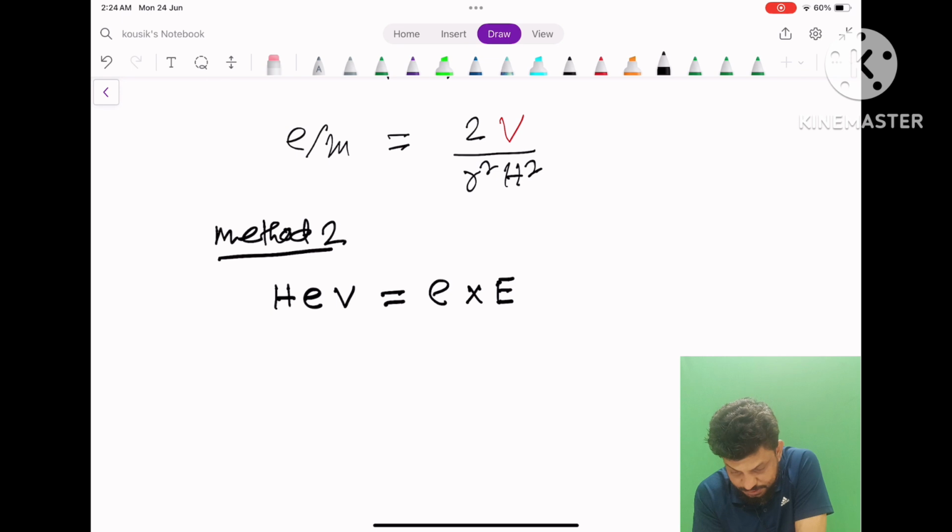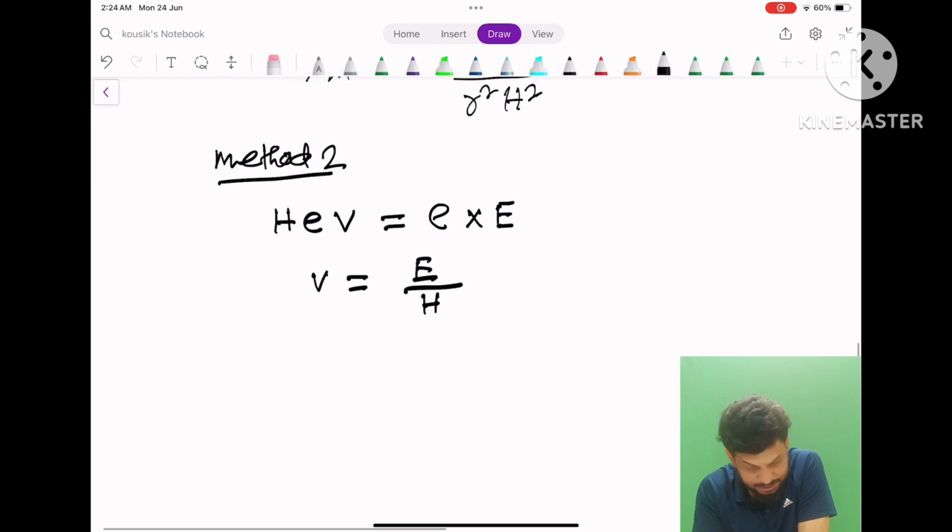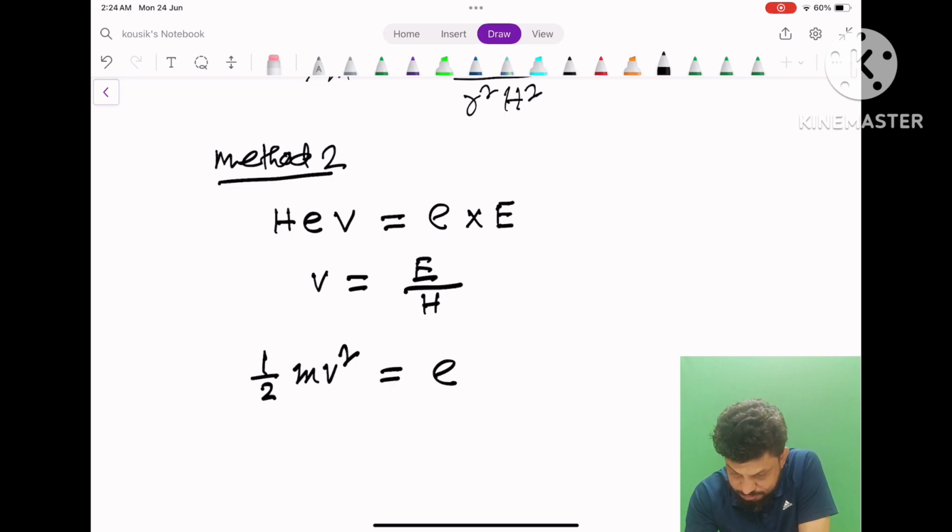So v is E divided by H. And again, half mv square equals e multiply V. Here V is the potential difference between cathode and anode, or the accelerating potential.